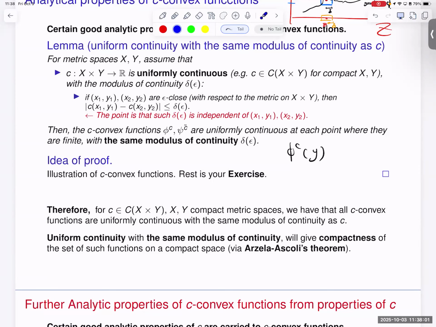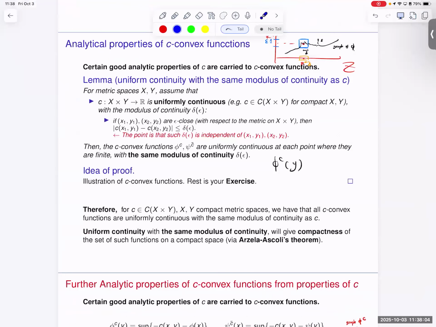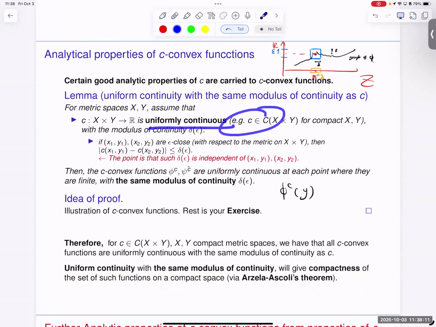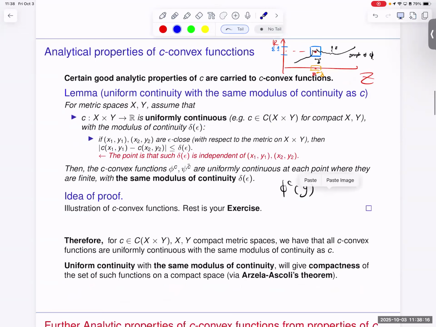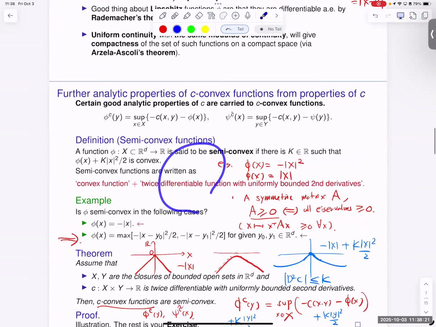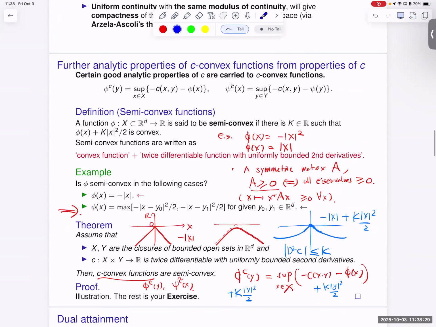Okay, good. So if the cost function has such a nice property, then the C-Legendre transform also carries the same property. For Lipschitzness, true. Also semi-convexity, true. Any C-convex function satisfies such a property coming from the cost function C.